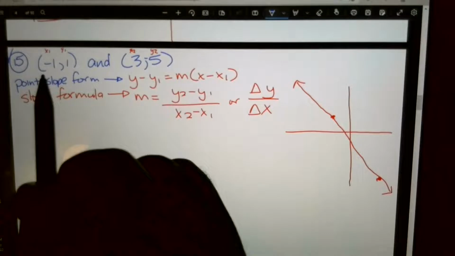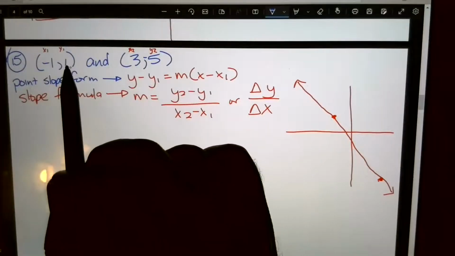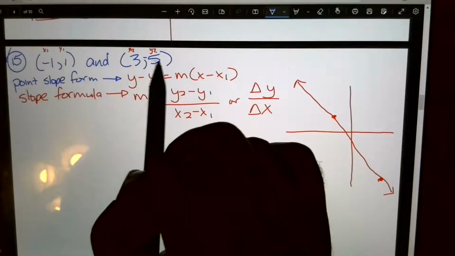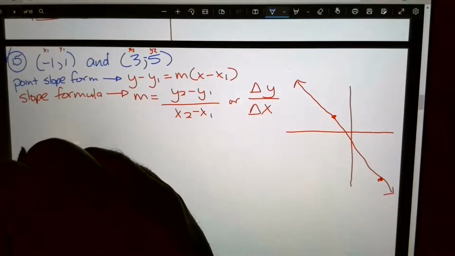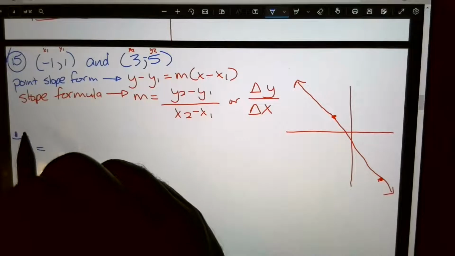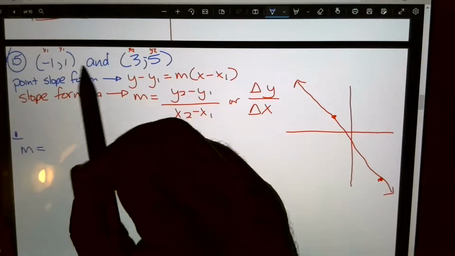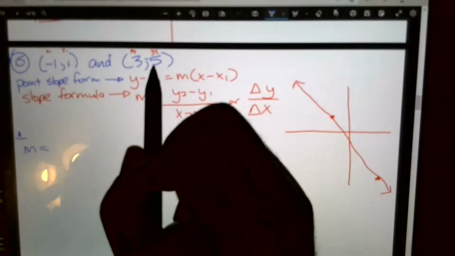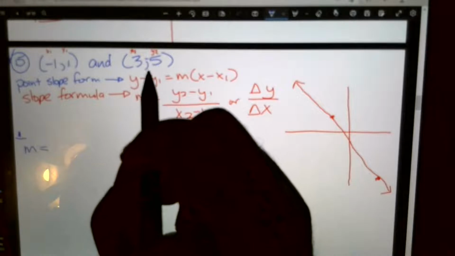All right. From -1, we'll start with y's. If I start at +1 and I go to -5, I'm going down 6.